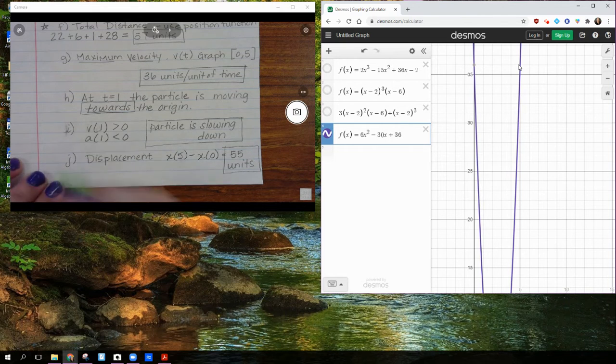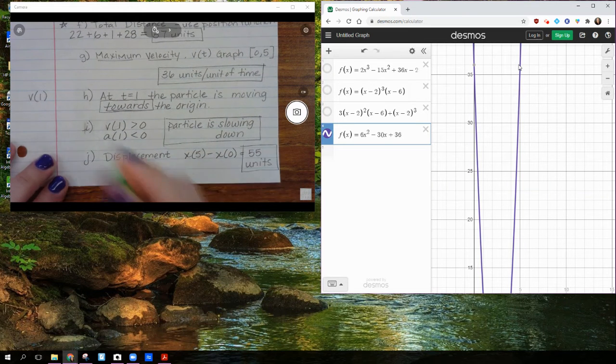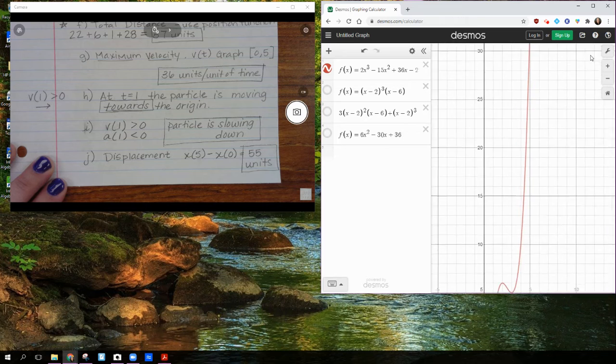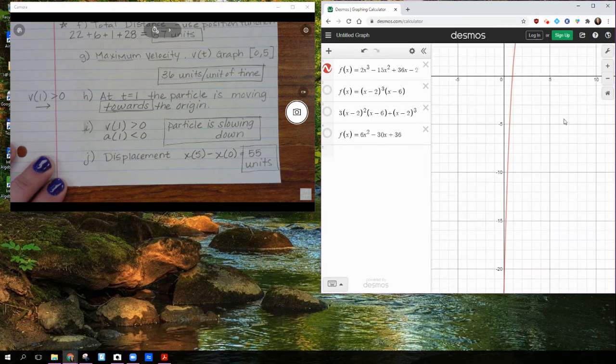And so a lot of you found the velocity at 1, which turned out to be a positive number. And so if velocity is positive, that means we are moving to the right. The problem is that this position, this little particle, didn't start at the origin. This particle started way down at negative 22.